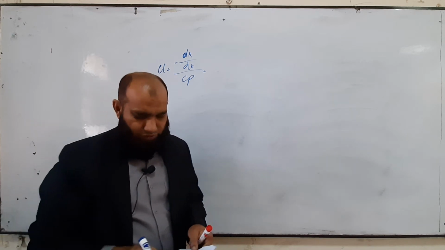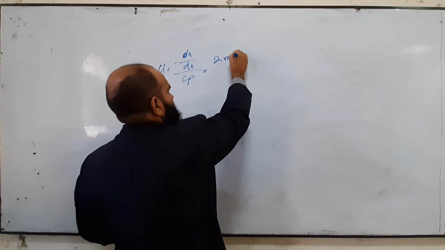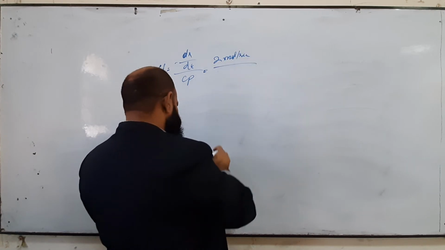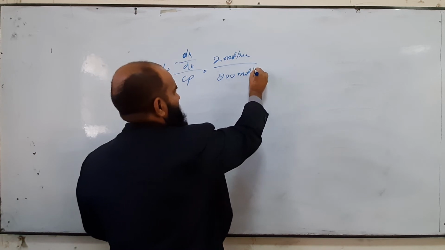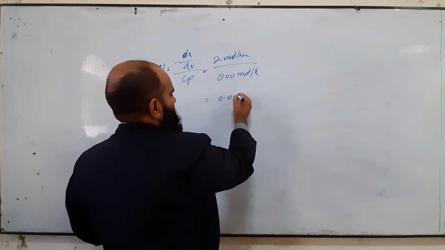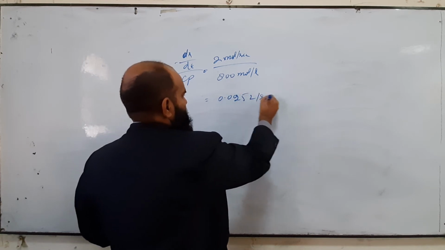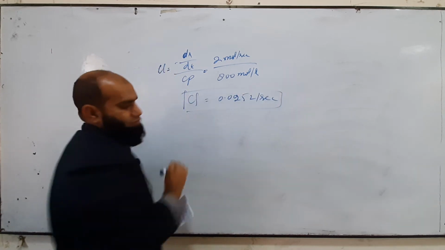So our rate is 2 molecules per second and Cp is 800 molecules per liter. The answer is once again 0.025 liter per second, which is the value of clearance.